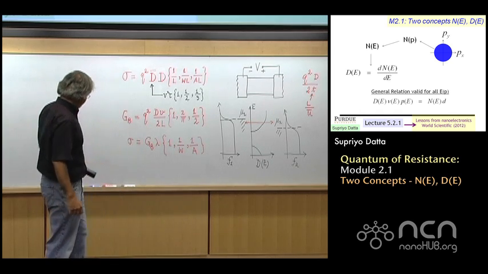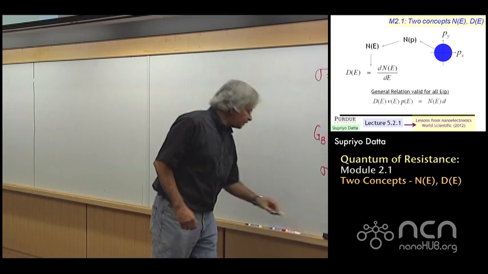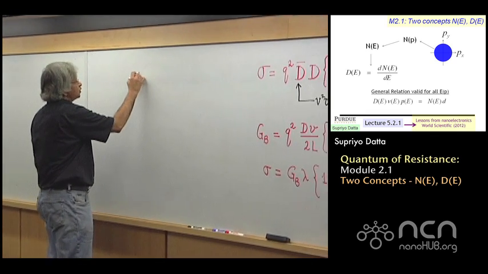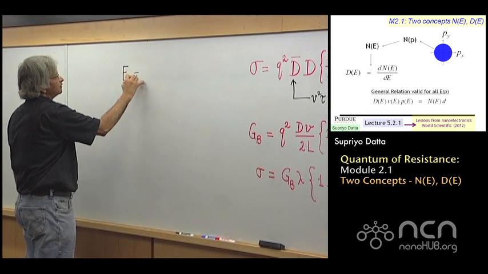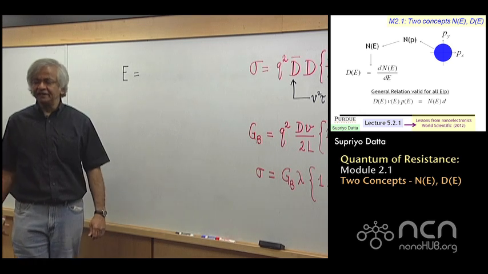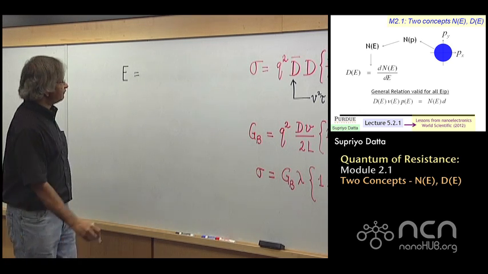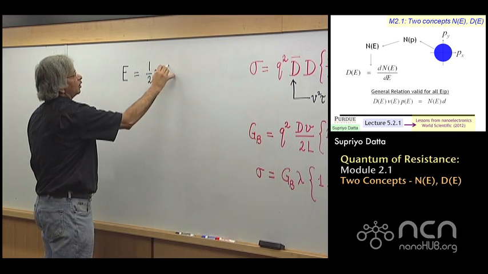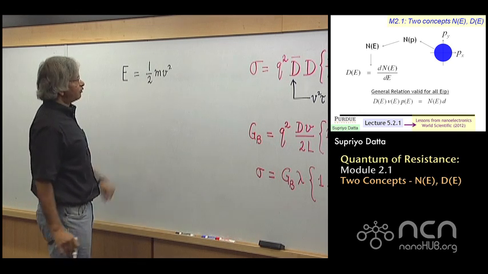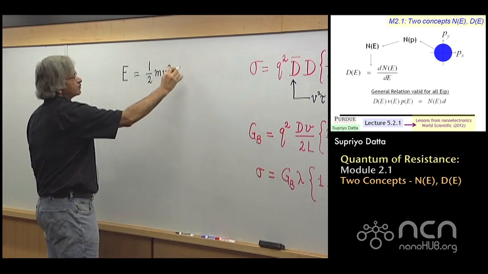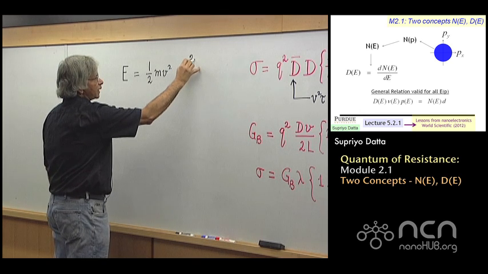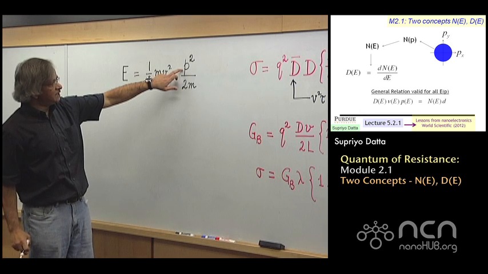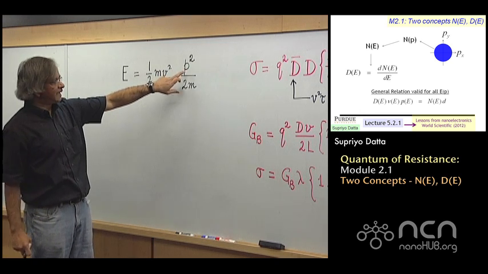So let me explain what I mean by that a little more. When you have electrons in vacuum, usually you'd write the energy, electrons just have this kinetic energy which you'd write as half mv squared. Or actually more generally, and that's the form I'll be using, instead of half mv squared, we'll use p squared over 2m, where p stands for momentum, that is mv.